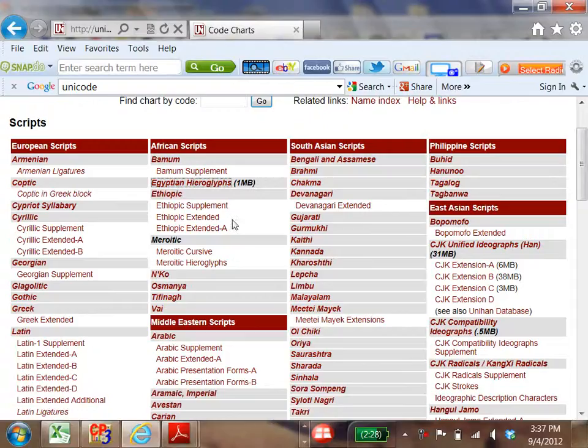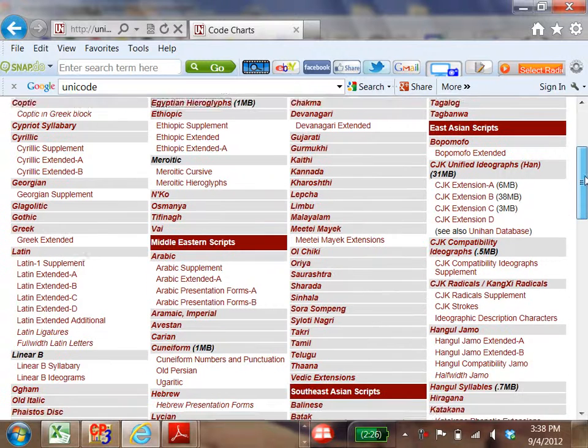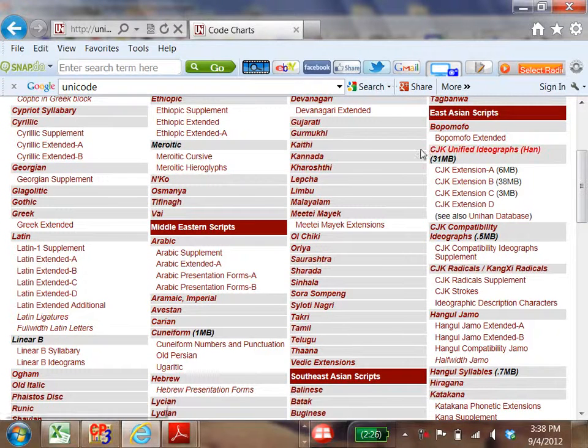How about Chinese? Where's Chinese? That's got to be the acid test. Okay, it's Chinese first. Chinese. East Asia scripts. CJK Unified Ideographs. Han. What do you suppose that means? What do you suppose the Han means? 31 megabytes.